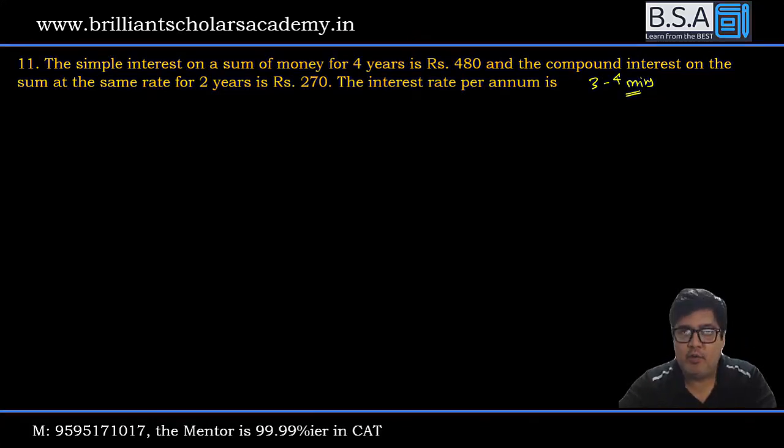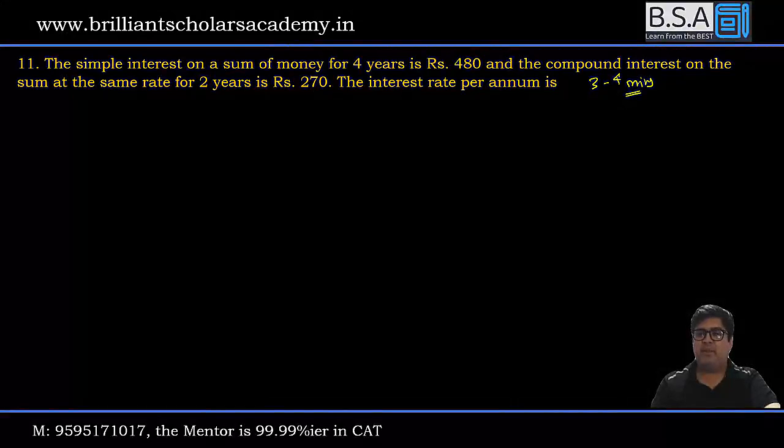I've solved 2 similar questions for you in the last lecture. I created those questions as examples for you. So again, we can approach this problem in a couple of different ways.